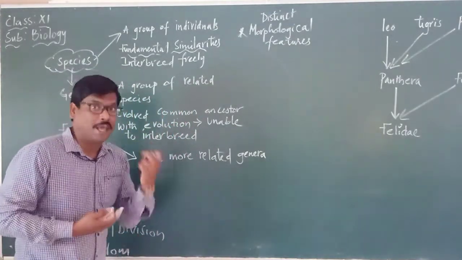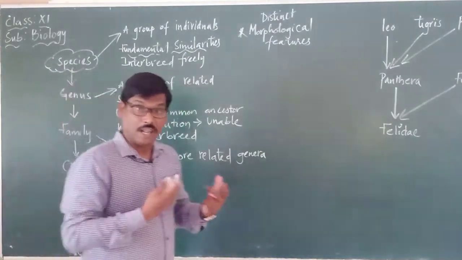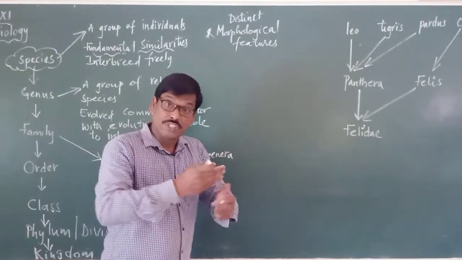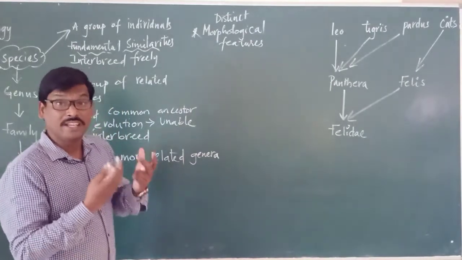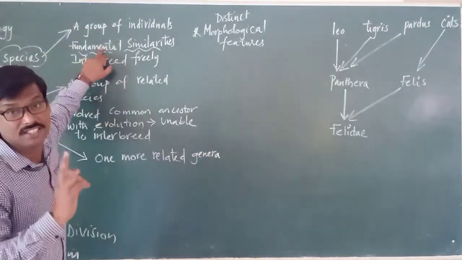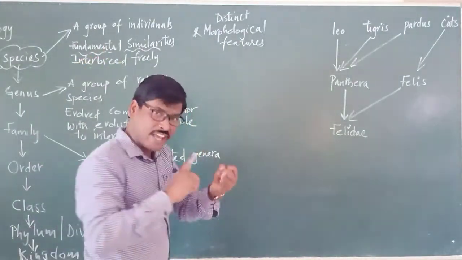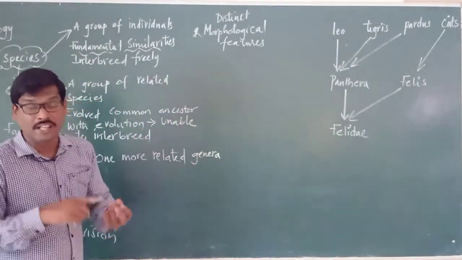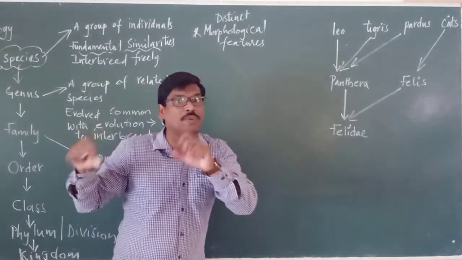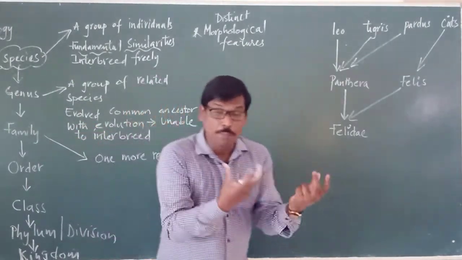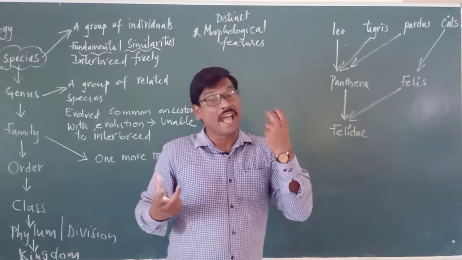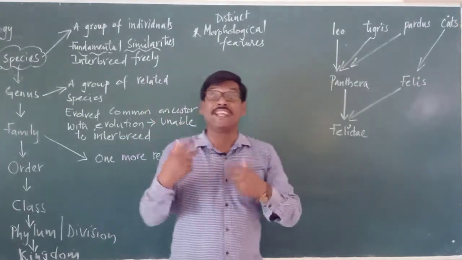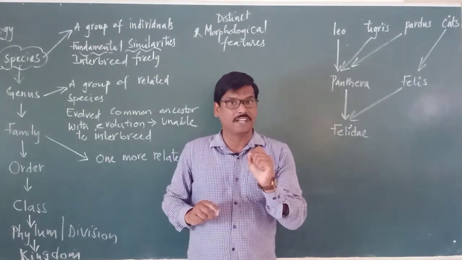And if you are taking a leopard, leopard is a species. They are a group of individuals which can interbreed among themselves with the same fundamental similarities. So whether we take a lion, a tiger, or a leopard, they are different types of individuals with the same fundamental similarities, and can interbreed freely.